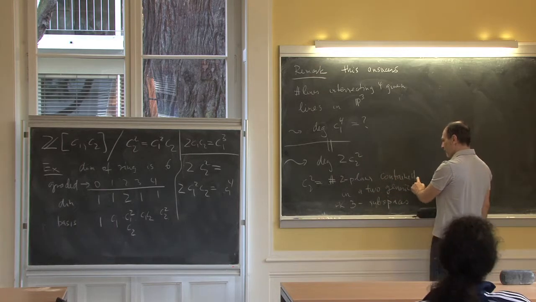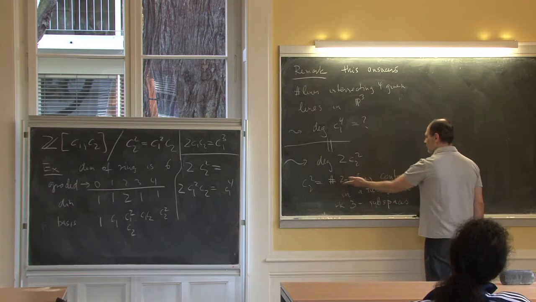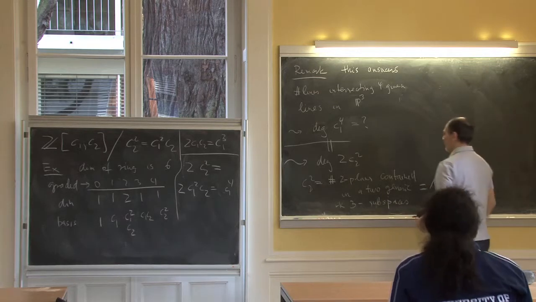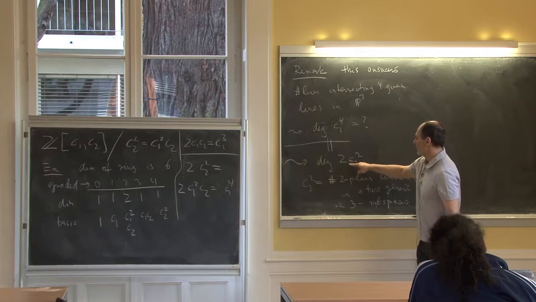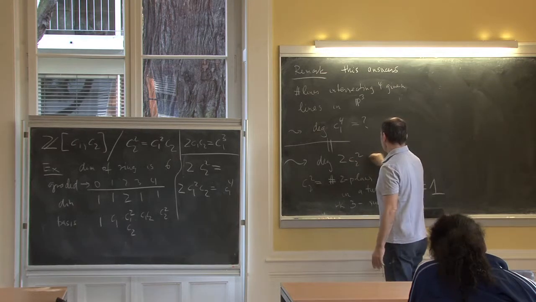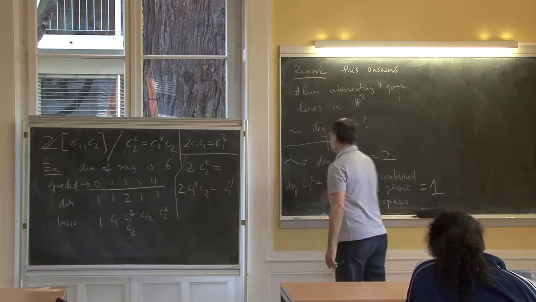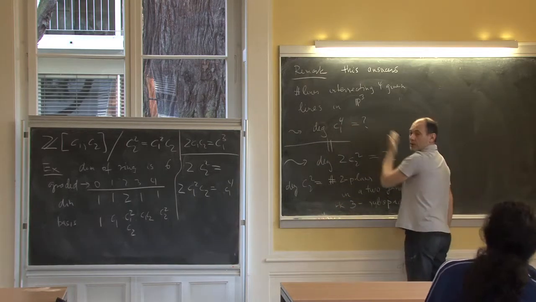You're in 4 space, you take 2 generic 3-dimensional subspaces, and you're counting the 2-dimensional planes containing them. That's obviously equal to 1. So the degree of C2 squared is 1, the degree of 2 C2 squared is 2, so this thing is equal to 2.